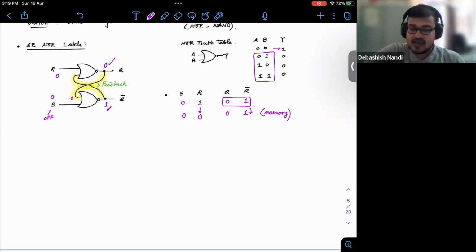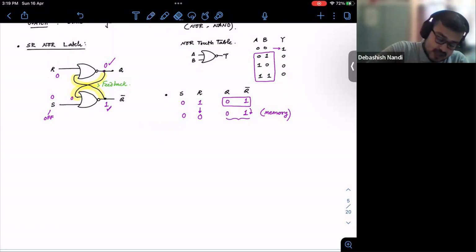If I keep the SR latch untouched at this state, that means the output will remain 0 and 1 forever, if we consider everything ideal, right? So that means we were able to store information where Q is 0 and Q bar is 1. Fine. So this is how the storing thing works.